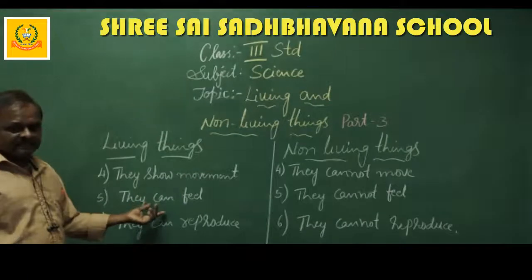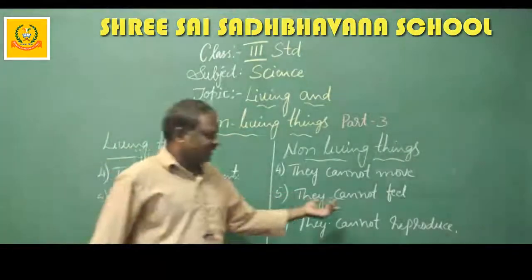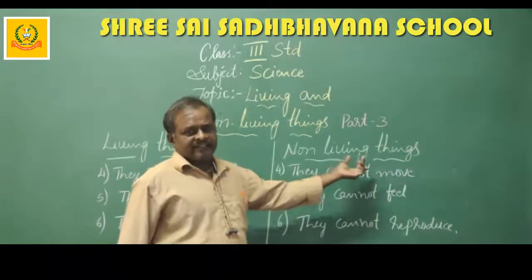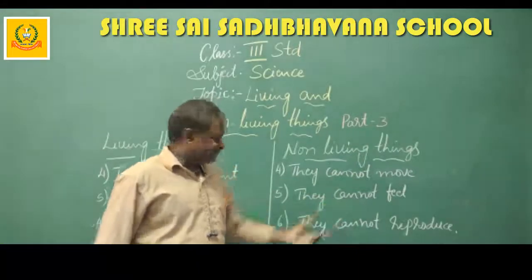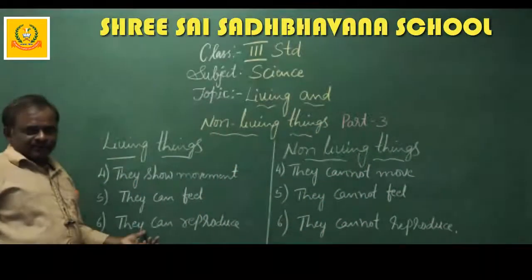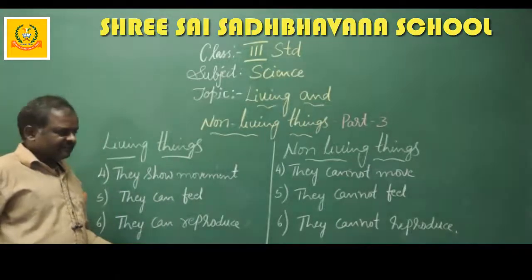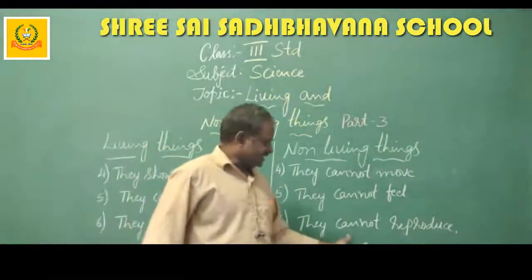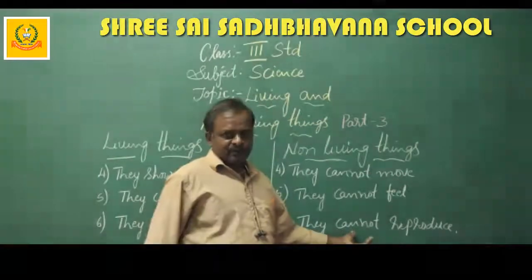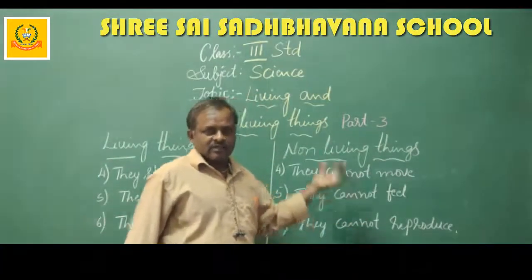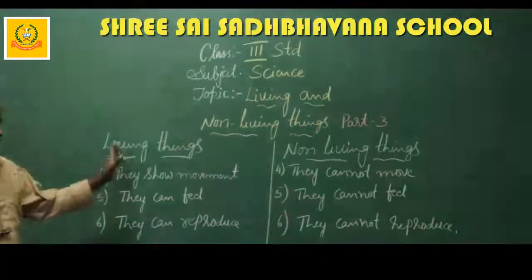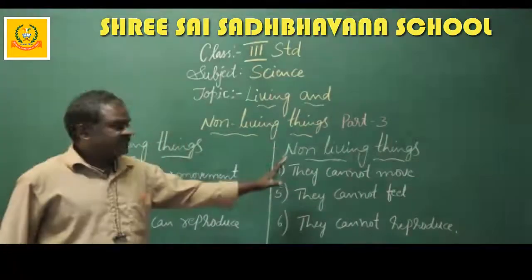Which one cannot feel? Non-living things cannot feel. They can reproduce. Which ones? Living things reproduce their young ones. Non-living things cannot reproduce their young ones. So these are the differences between living things and non-living things.